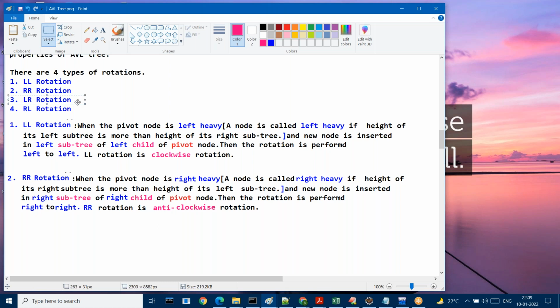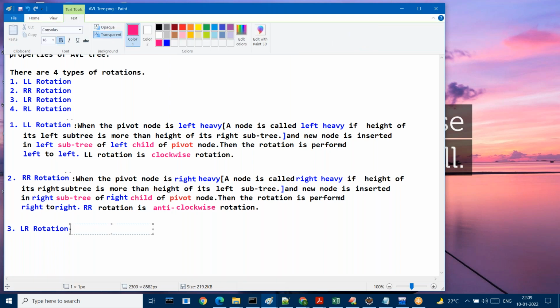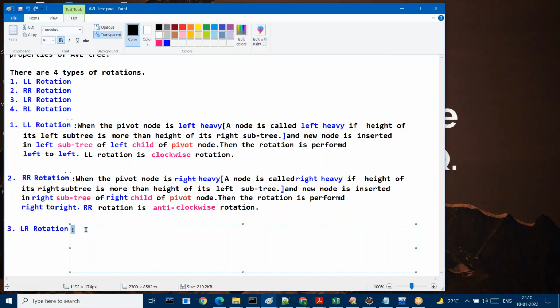Next, where we will concentrate is LR rotation. That's very important. Sir, when should we go for LR rotation? Observe, listen. When the pivot node is left heavy... or let me do one thing.